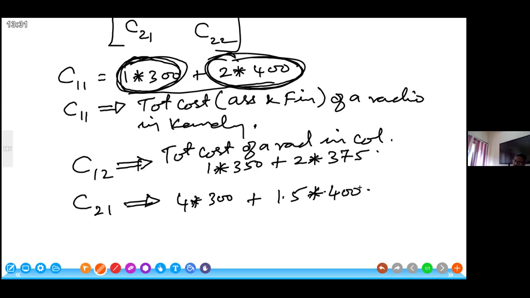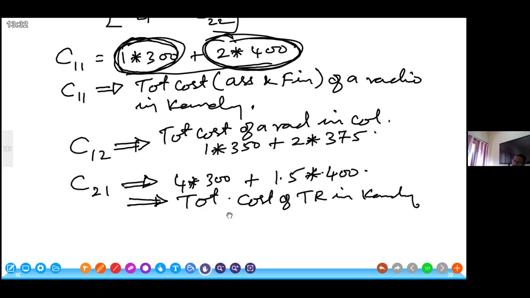What is C12? How can we write it? Total cost of tape recorder in Kandy. That is the total cost for a tape recorder to be manufactured in Kandy, right?